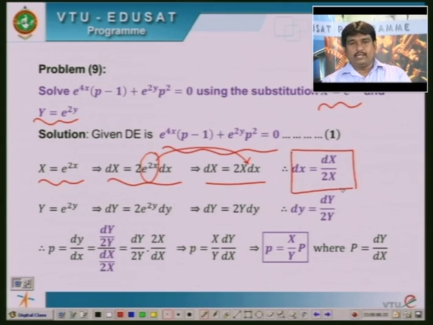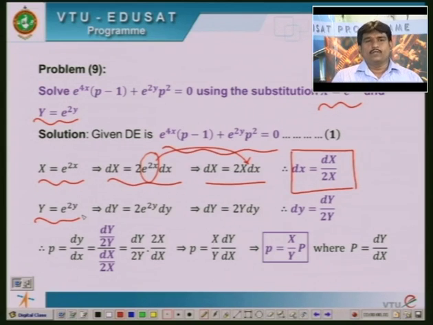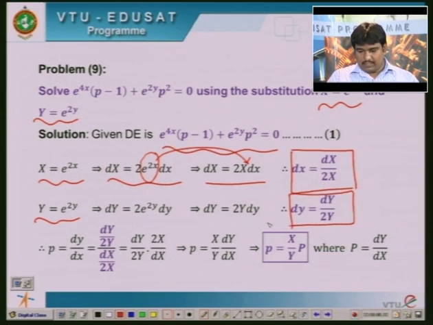Finally, I get dx as d capital X by 2X. Now consider capital Y equals e to the power of 2y. Same procedure. You get dy as d capital Y by 2Y as before.